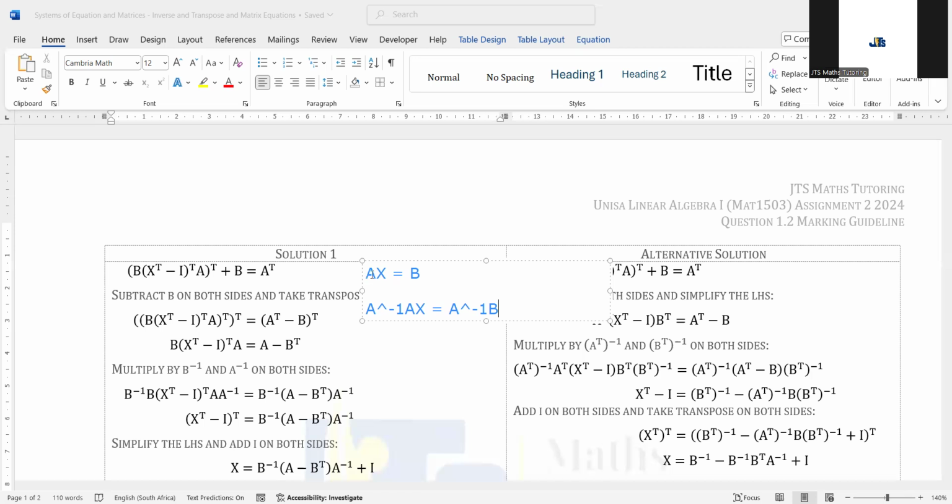Okay, beautiful. So having established this, you need to know and understand now that when you multiply a matrix with its inverse, or when you multiply the inverse of a matrix with a matrix, you get what we call an identity matrix. Remember, in real arithmetic, we've got our special number 1.